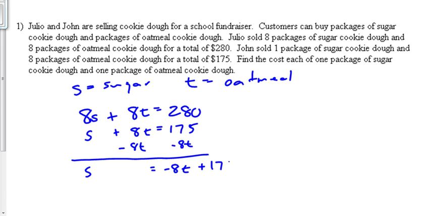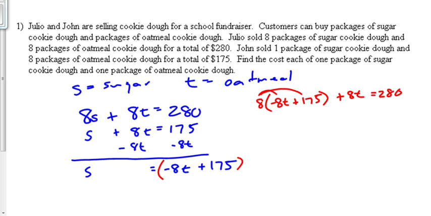-8T plus 175. Okay. Now, obviously, what I need to do is take this entire expression and plug it in for S. So I'm going to do 8 times (-8T plus 175) plus 8T equals 280.